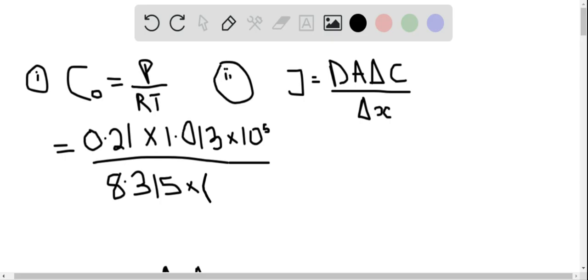In converting temperature, in this case it is 20 degrees Celsius, so we have to convert this to Kelvin. That would be 20 plus 273 Kelvin.